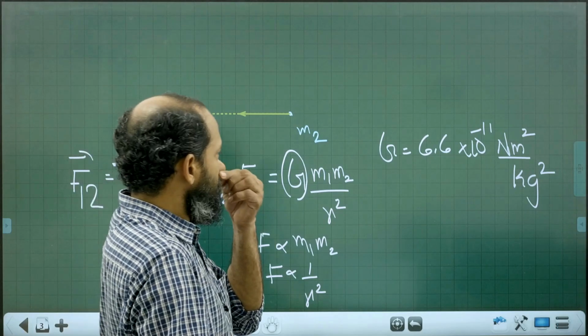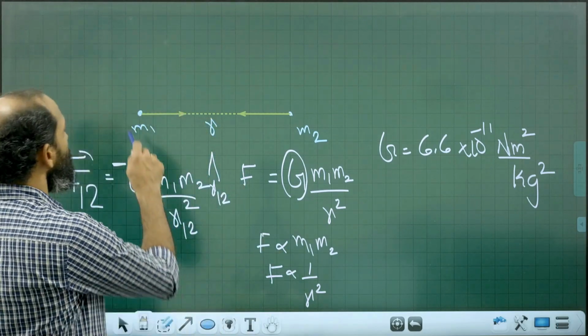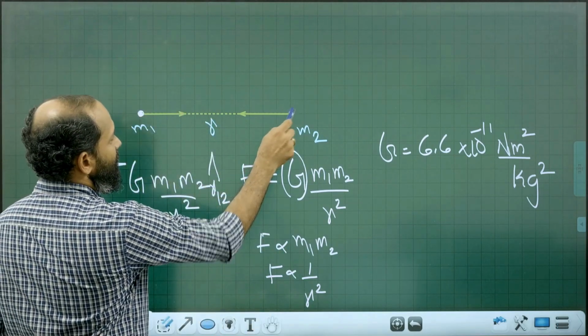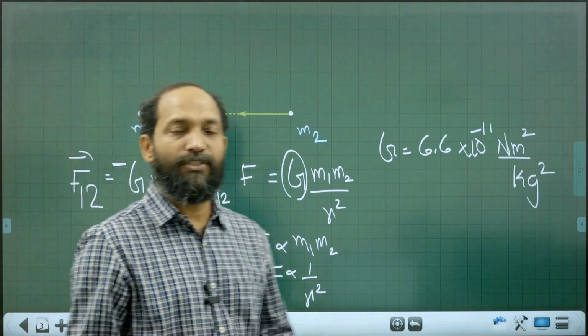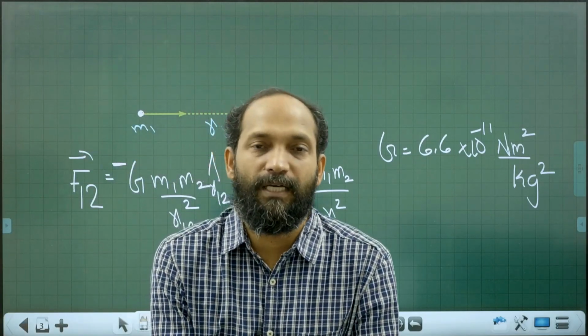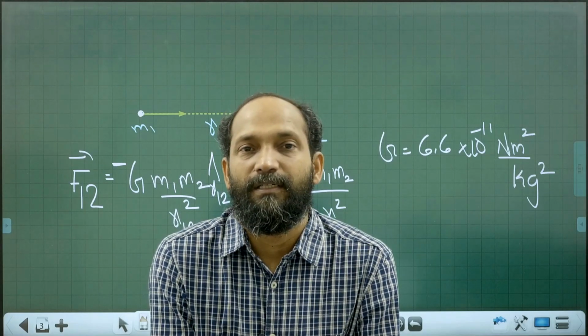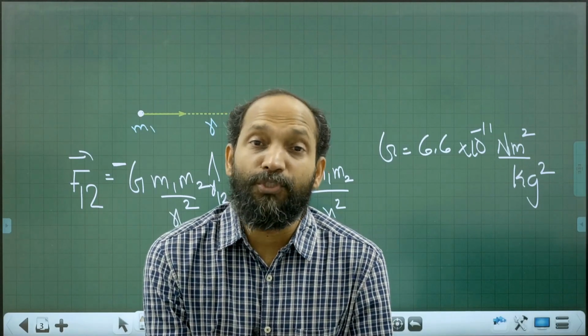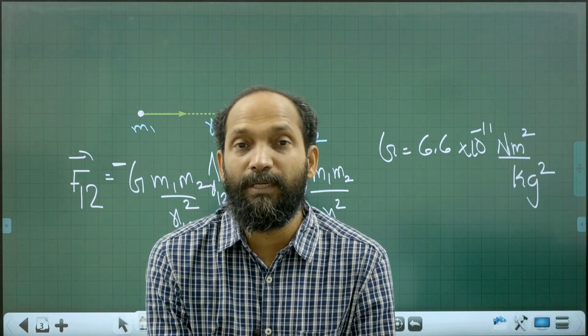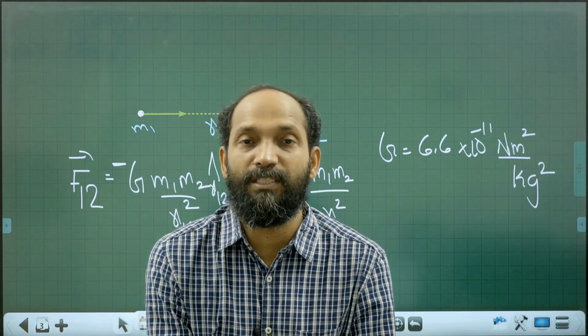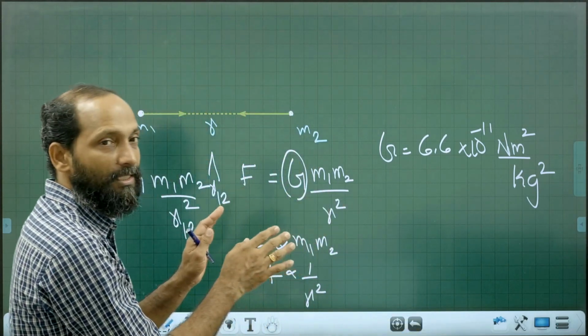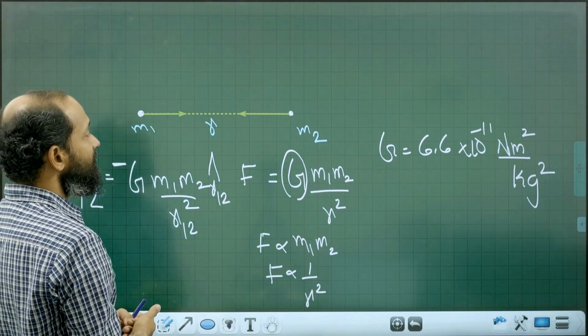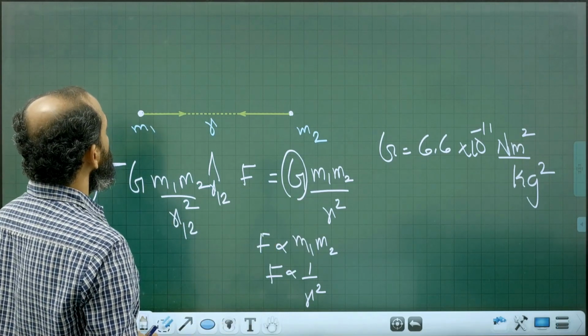Gravitational force. And if these two masses are left freely, they are not held in space by some other forces. If they are not held in space by some other forces, that means if this gravitational force is not balanced with any other external agency forces, what would have happened?